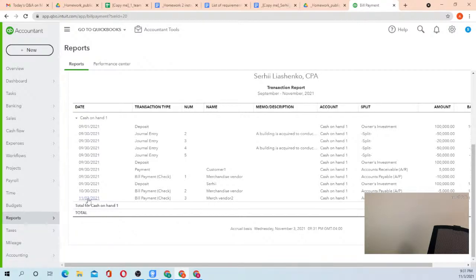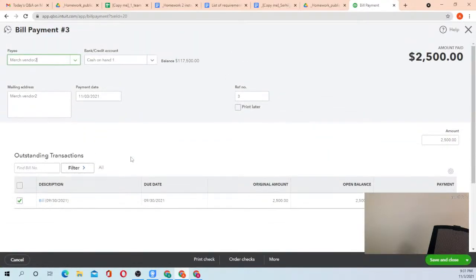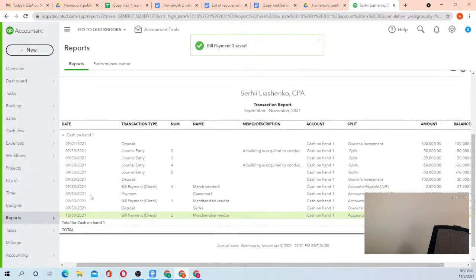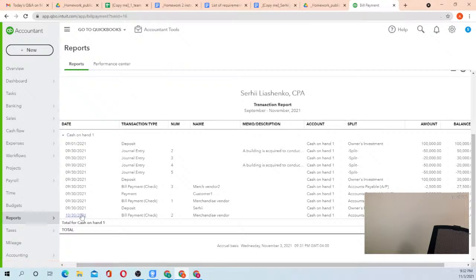Let's see if we can change that to September. In that situation, we are able to change it. Let's assume we paid all our bills in September.